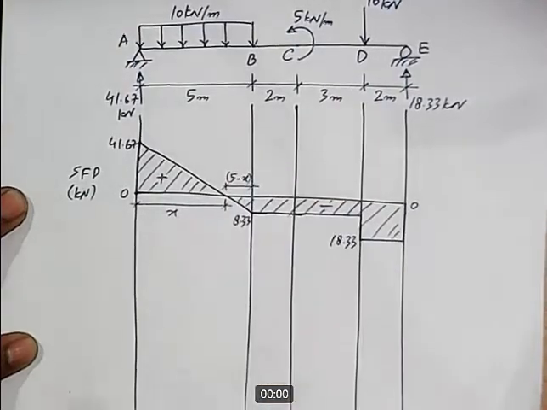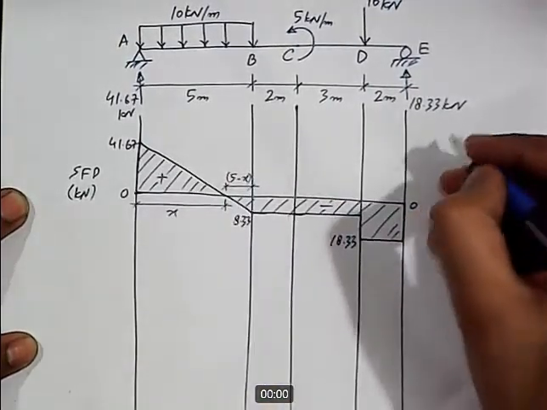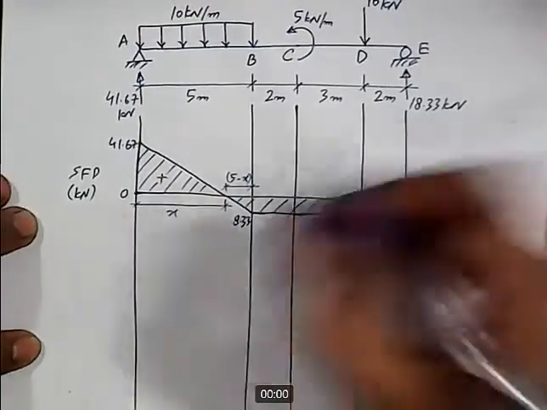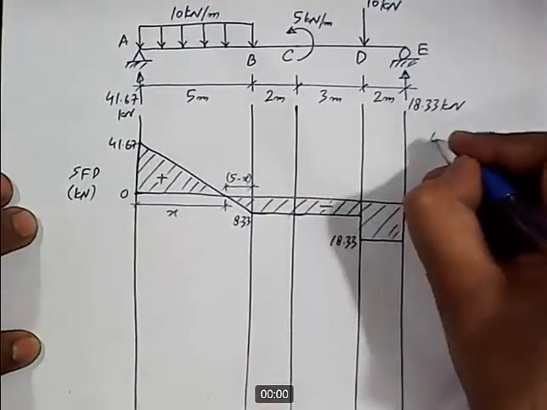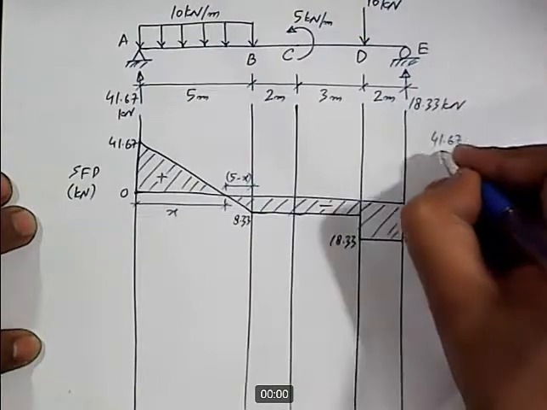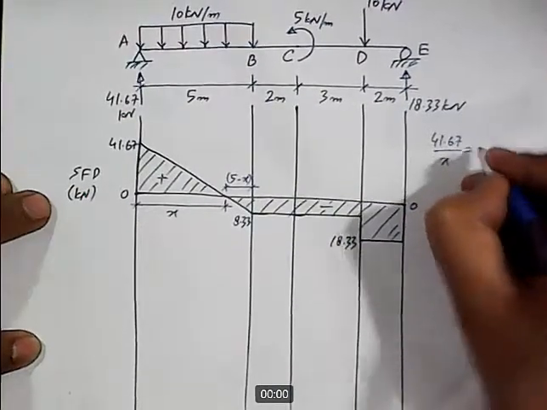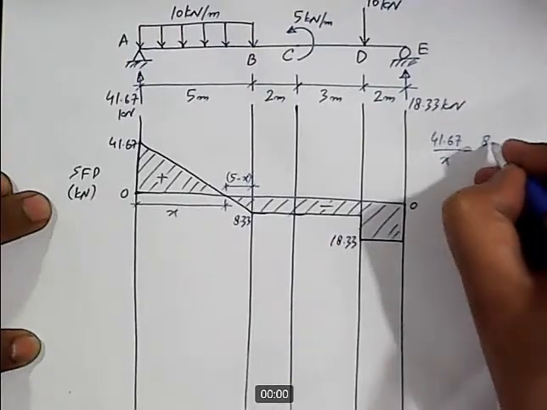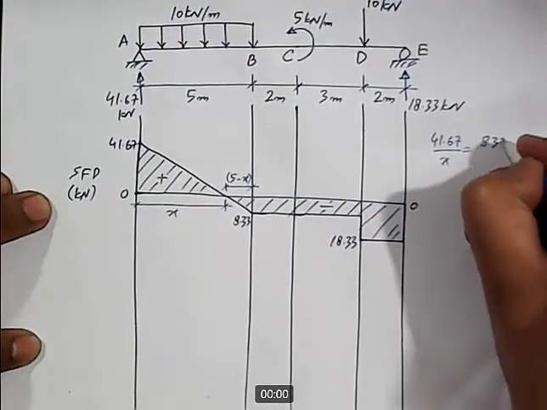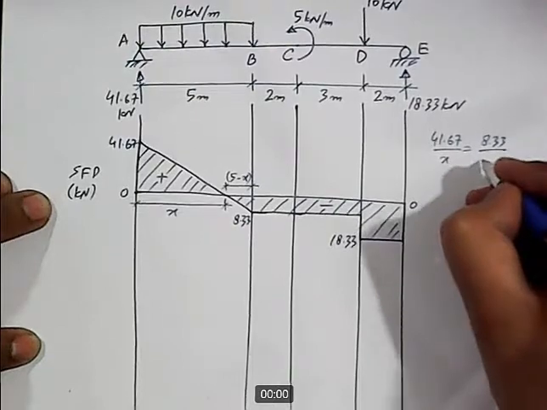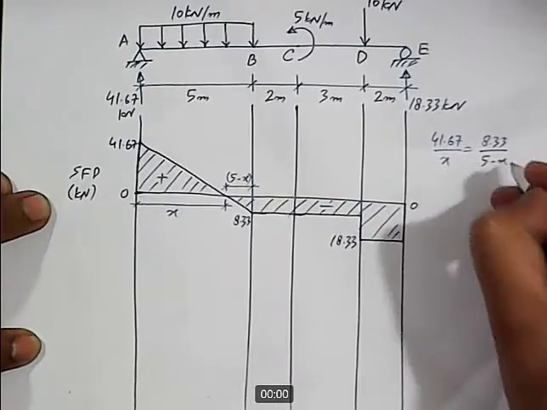So now we can compare these two triangles. 41.67 divided by x should be equal to 8.33 divided by 5 minus x.